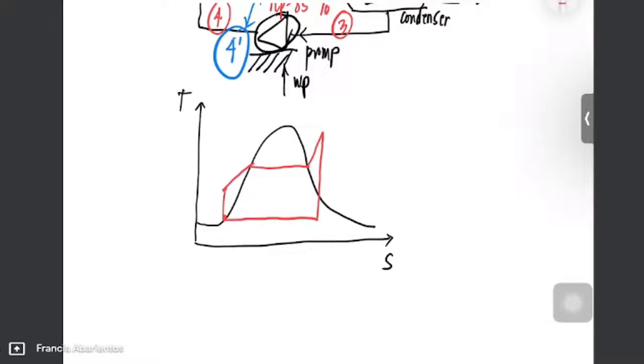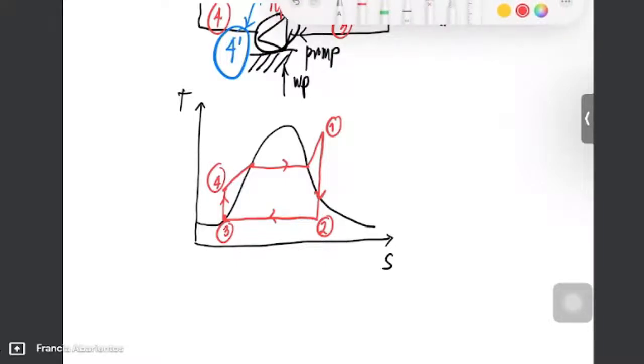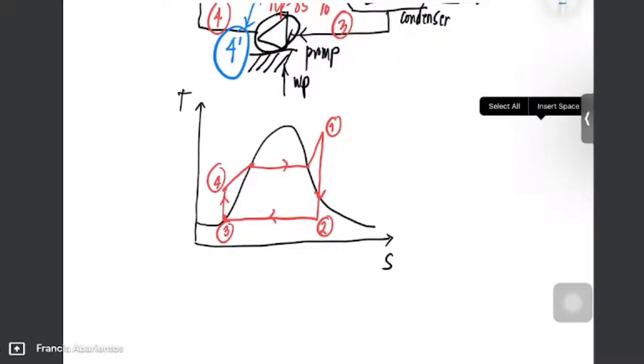Okay, we have point 1, point 2, 3, and 4. Ito yung kanina. Since given na sa atin yung efficiency niya, so hindi natin alam kung saan magpo-fall siya, kung nasa wet region pa ba. Ito yung magiging dalawang option mo. Pwede dito pa rin siya sa loob or dito sa labas. Okay? Yan. And this one. The 4 prime. Yan. Sa labas talaga siya.